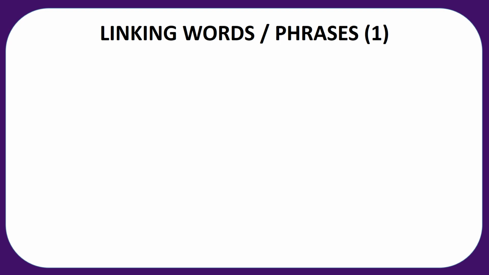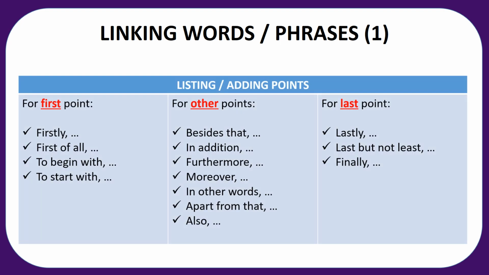Now let's look at some very useful linkers, or basically linking words or phrases. Okay, first, if we want to list down or add points, we can use this. If it's your first point, you can say firstly or first, first of all, to begin with, to start with.